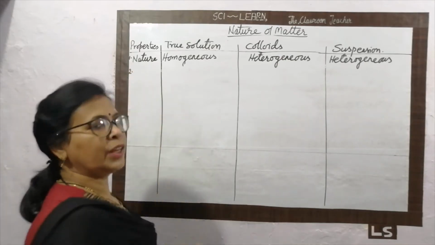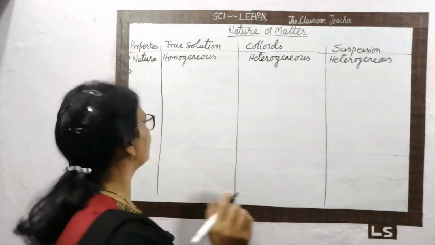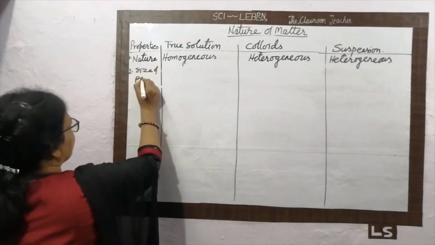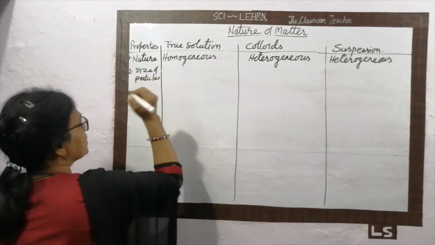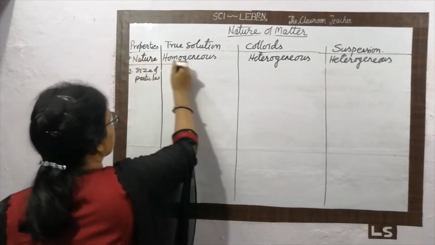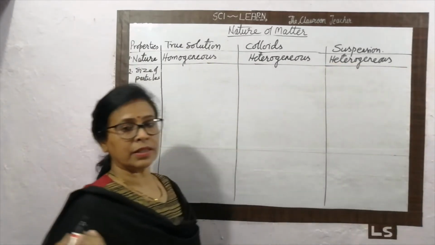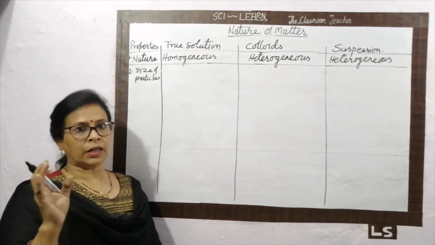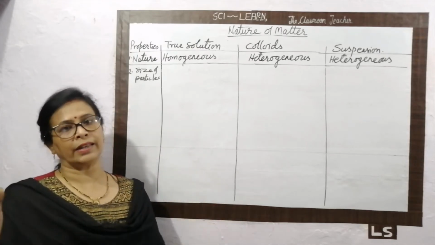Now we compare the second property, that is the size of the particle. As we know, the size of the particle is smaller in a solution and bigger in a suspension, and in colloids it is in between the solution and the suspension.